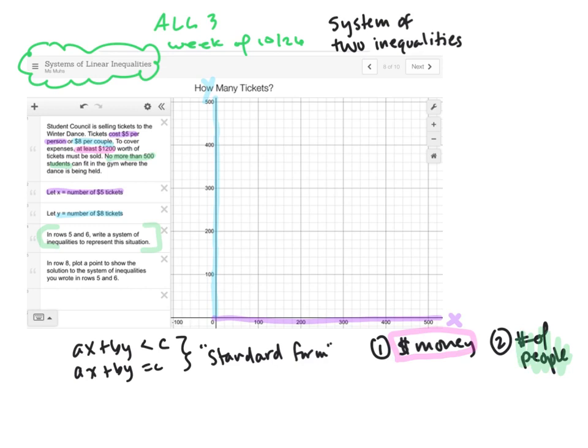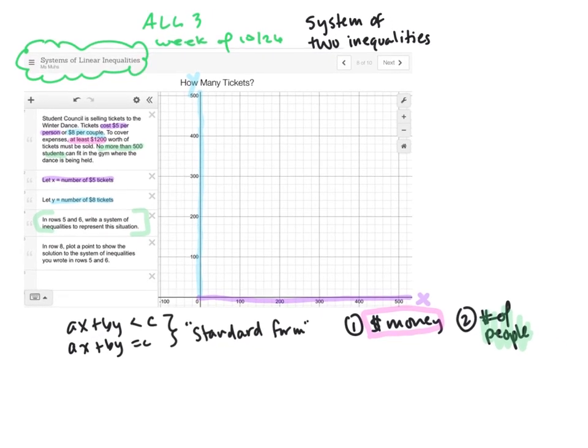And so right away I hear, maybe I want to say this. So at least $1,200, right? So it can be more than, yeah, right? Like it could be 1,201.